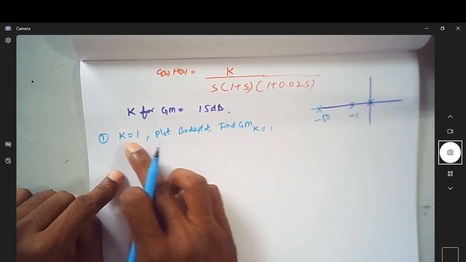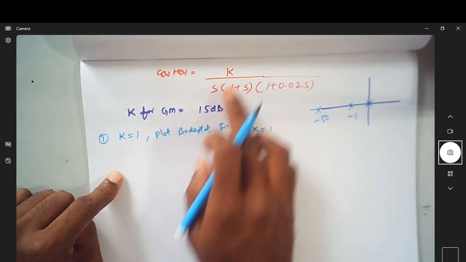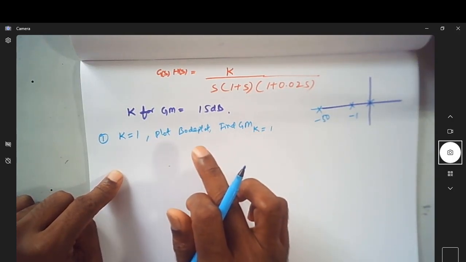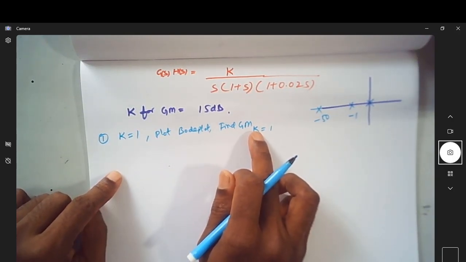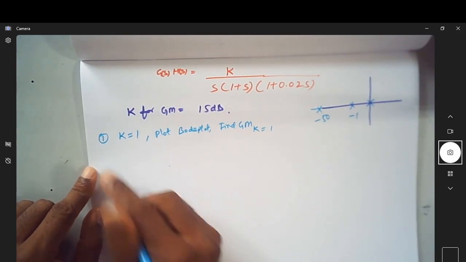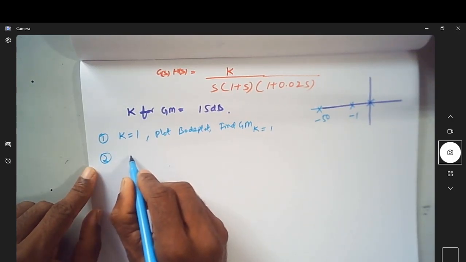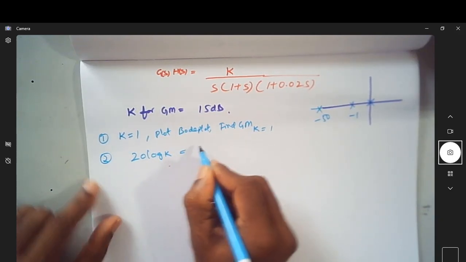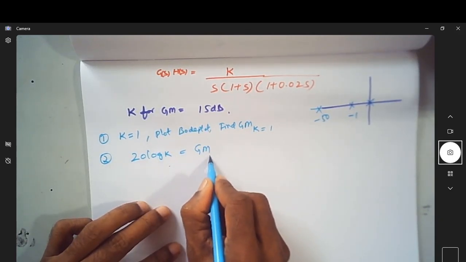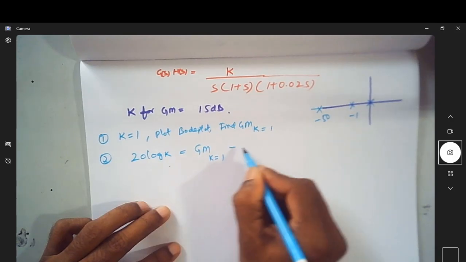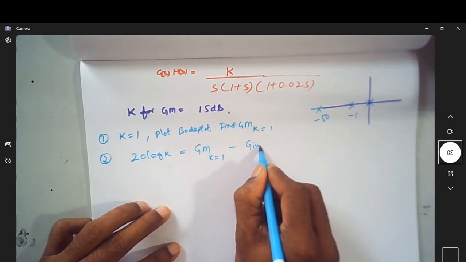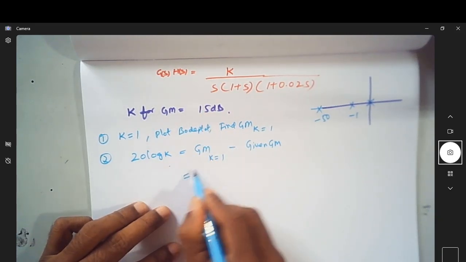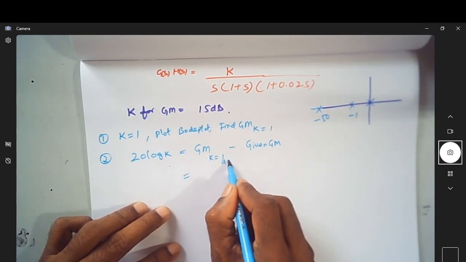Find the gain margin by considering K equal to 1. You are asked to plot the Bode plot, and once you plot it, you can certainly find the gain margin. After finding the gain margin, the second step is to use the equation 20 log K equals the gain margin with K equal to 1 minus the given gain margin. Of course this is in terms of dB.